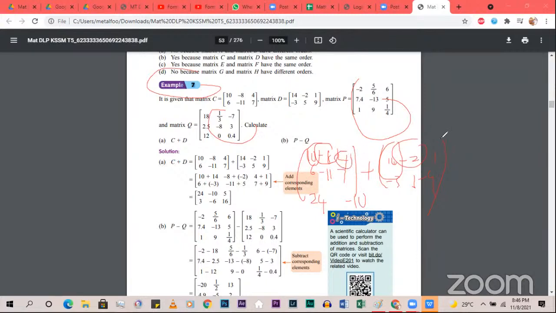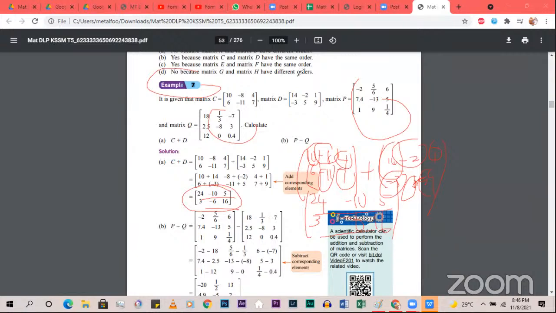And 4 plus 1, you get 5. 6 plus -3, you get 3. -11 plus 5, you get -6. And 7 plus 9, you get 16. So the final answer is 24, -10, 5, 3, -6, and 16, which is this.